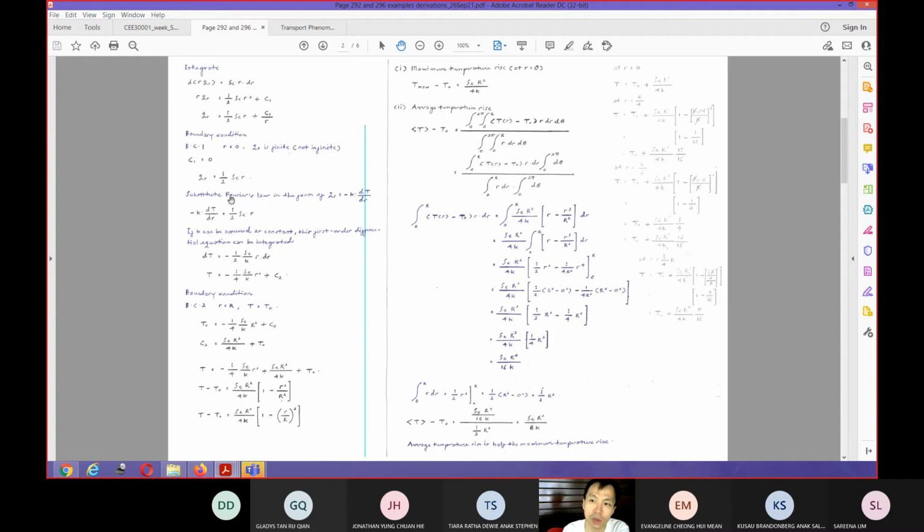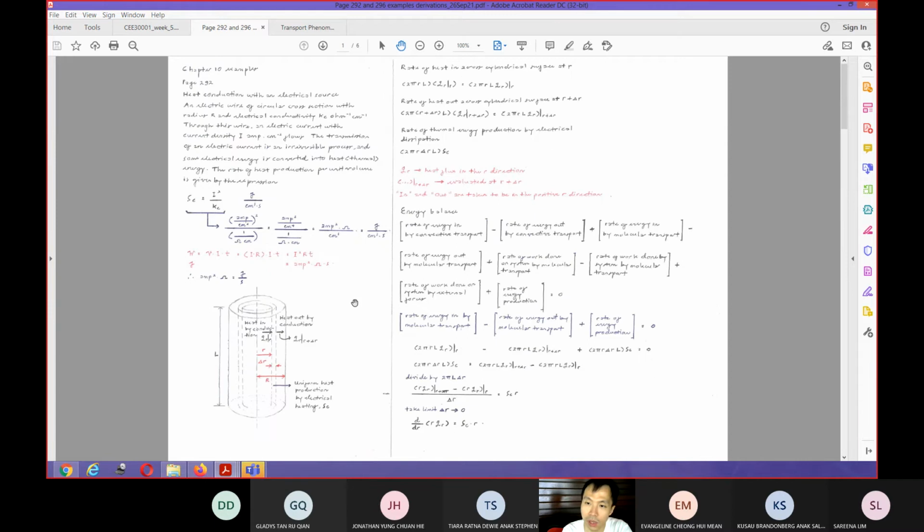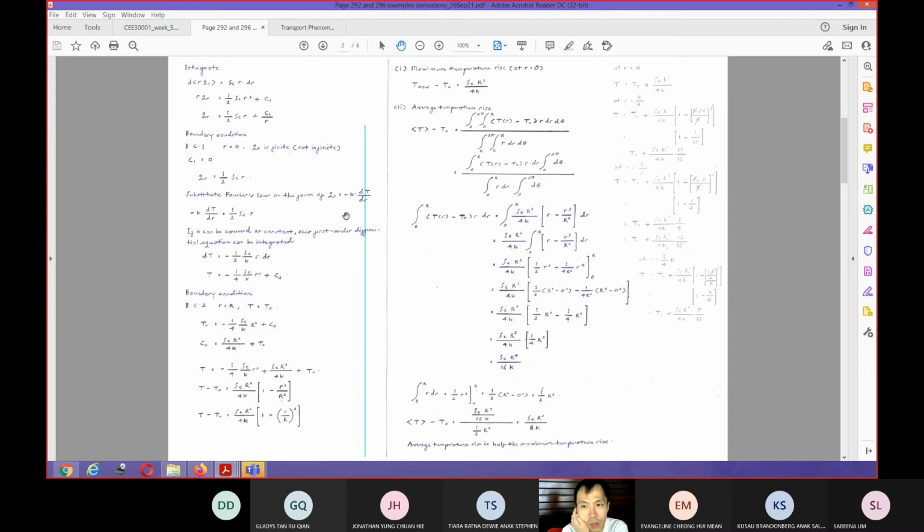As a result, your QR will be equal to half SER, right? Now what you can do is substitute your Newton's law of Fourier's. Your Fourier's law is described in terms of this QR equal to minus K dT over dr. You plug it in here, then you can integrate again.